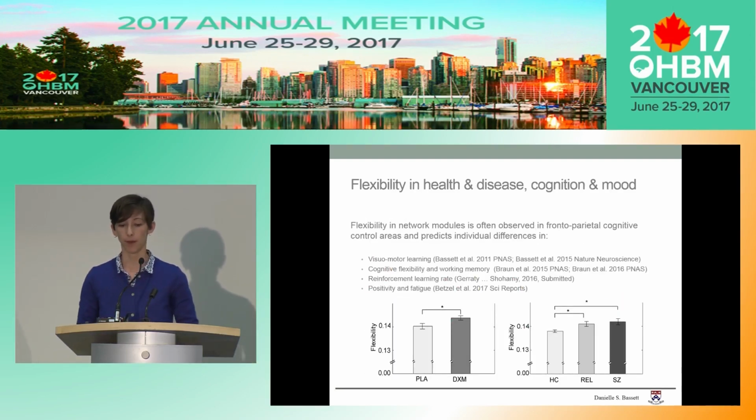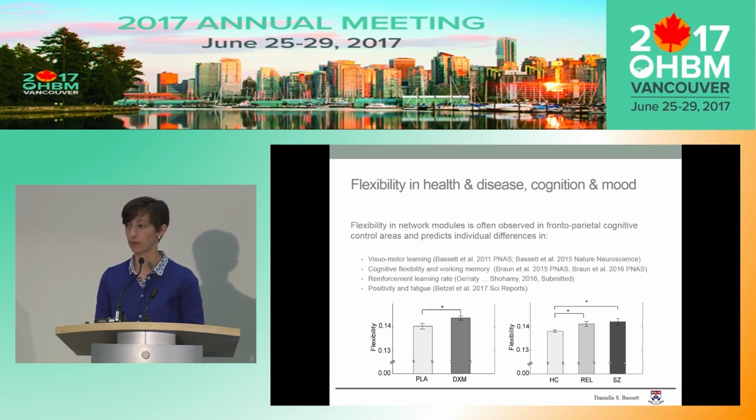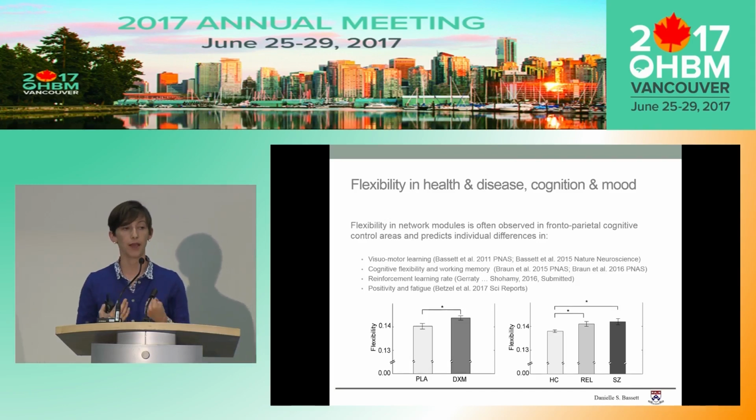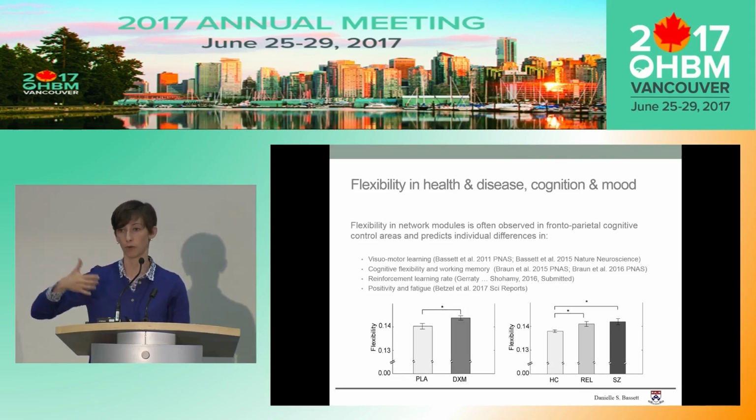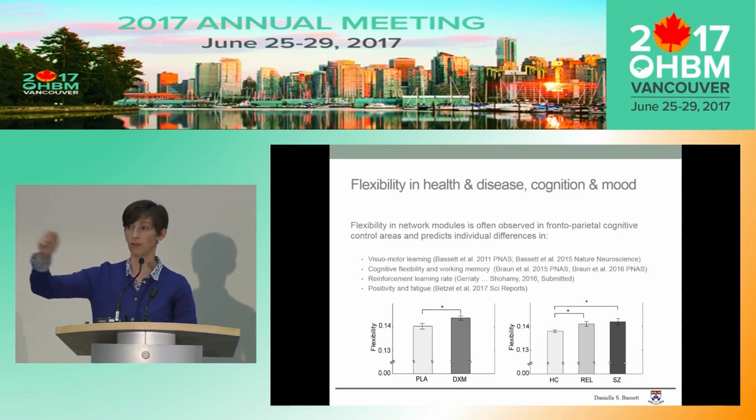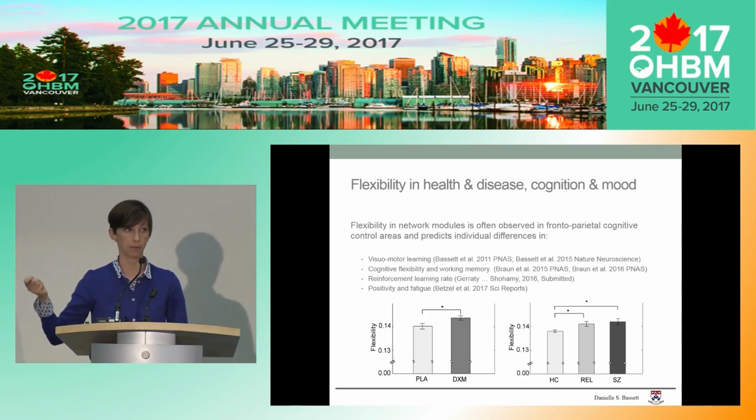Okay, and then here's just a couple different examples of how we have used that notion of flexibility over the last couple years. We've particularly been applying it, the large majority of studies are in task-based data, and specifically task-based fMRI data. In the first study, we looked at individuals learning a motor skill over the first 3 days and then 6 weeks with multiple scanning sessions throughout that training period, and we identified changes in this modular structure as people were training.